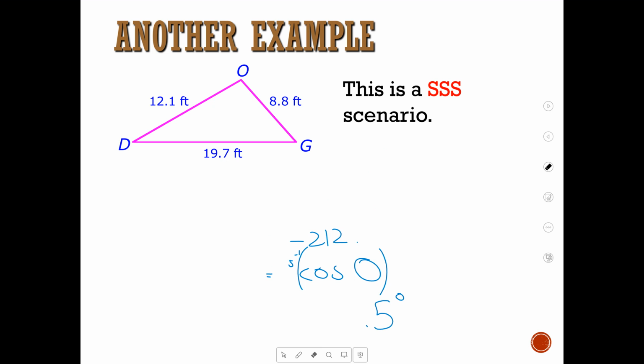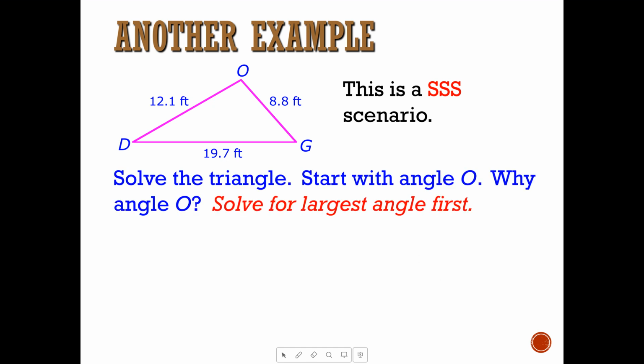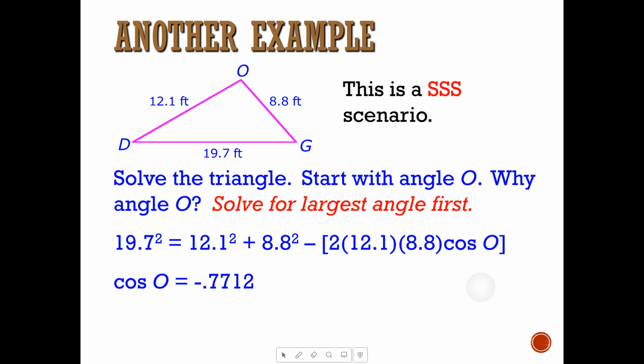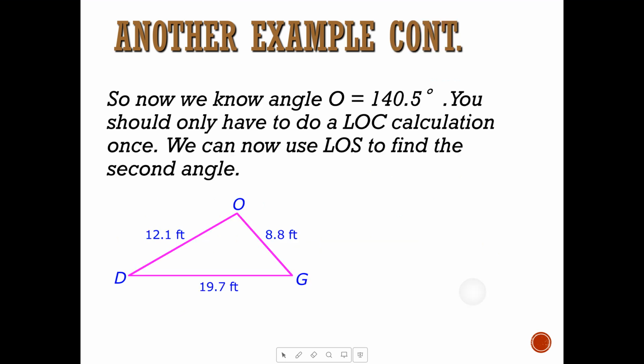Okay, almost done. Okay, again, solve for largest angle first. There's all my calculations. Bingo, same answer. Okay. Then, as I said, if you continue the calculations, you're going to solve for the middle angle next.